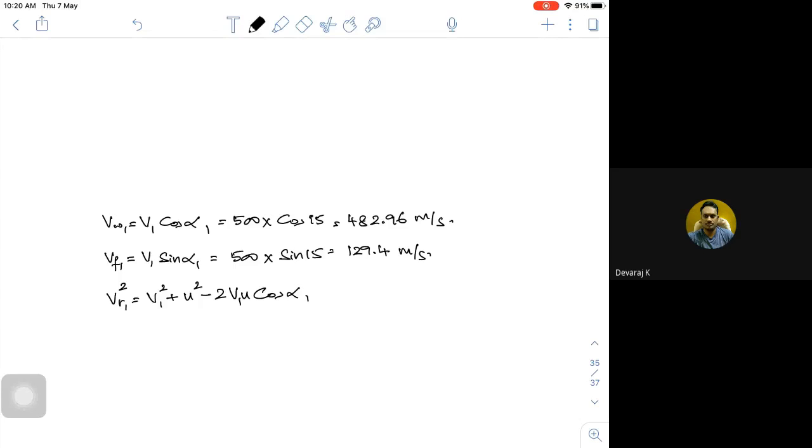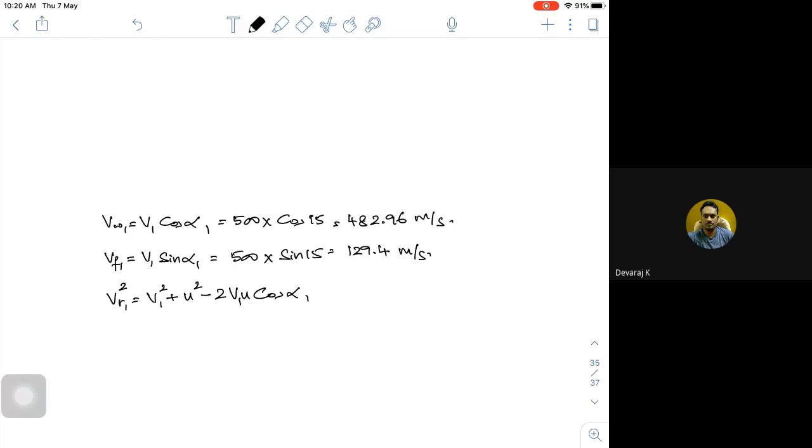Or if you want, you can go and find that also. We derived some relationship for phi. You either use that relationship, or phi is equal to u by v1, which is usually around 0.45.